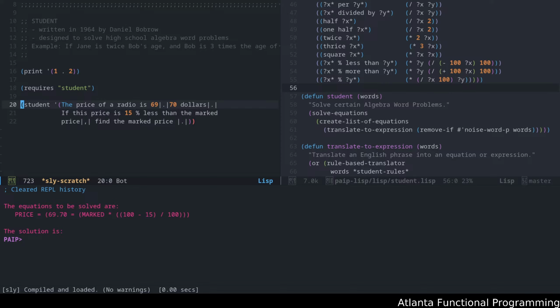It doesn't realize that marked is an unknown that needs to be solved.